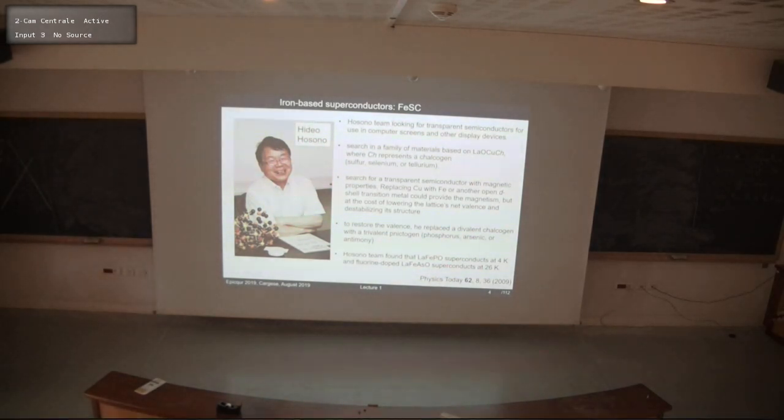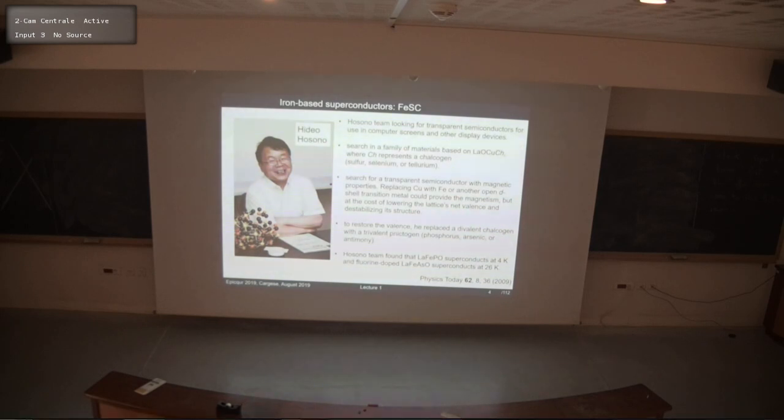However, later on, after he replaced phosphorus with arsenic and also doped the system, a 26 Kelvin superconductor was discovered. And that was the point where everybody started being interested, because now we have a material above the conventional superconductors, it's a new family, it has iron in it, so it's an exciting prospect for understanding and for finding new materials.